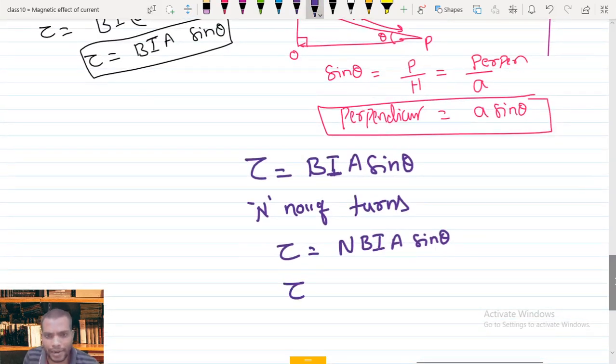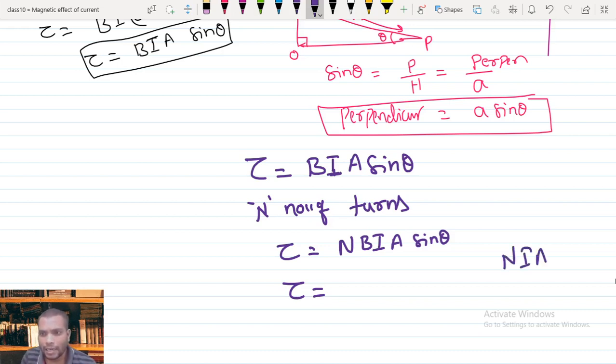For a moment, if I write tau equal to, in the place of N I A, we can write a term called little m. I can talk about what it is. So this expression changes to m times B sine theta.